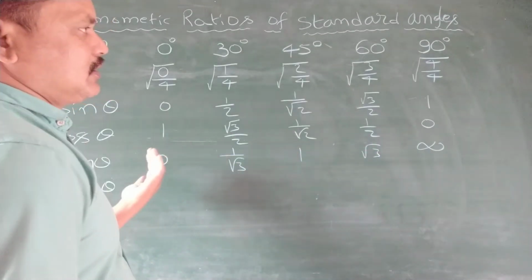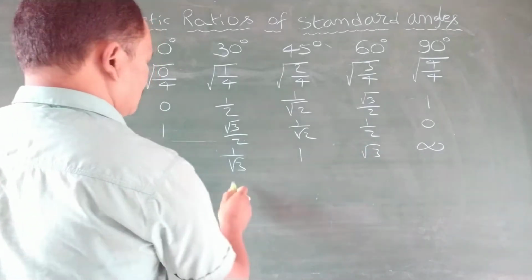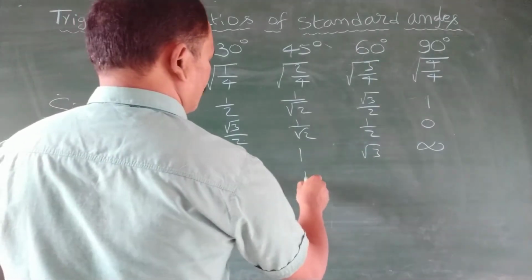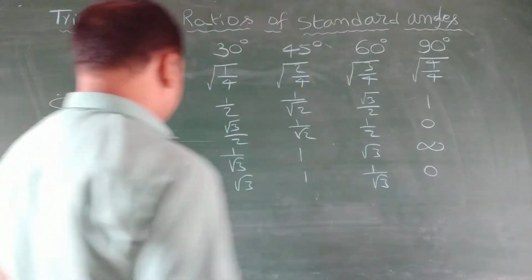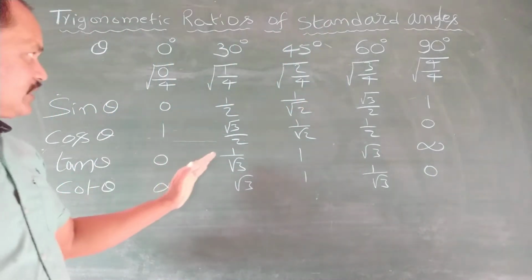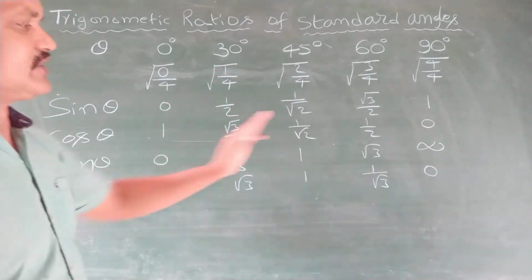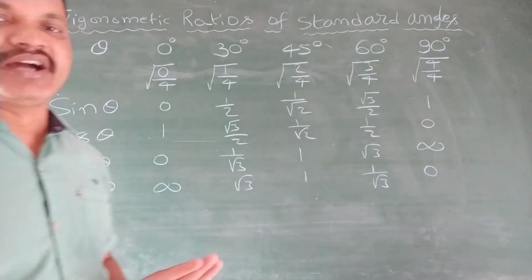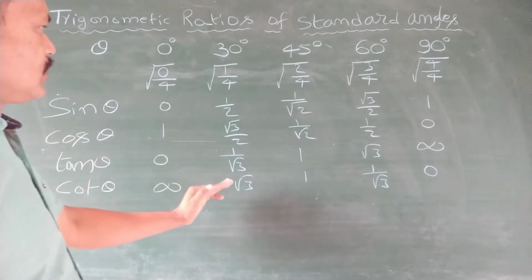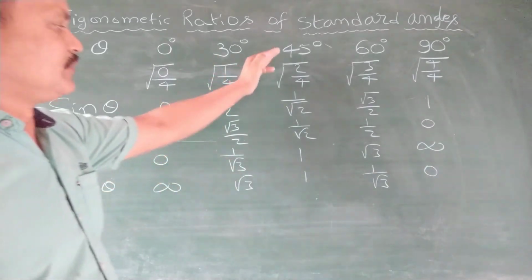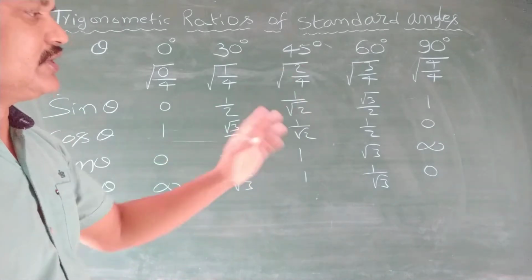You have to write from that order: infinite, root 3, 1, 1 by root 3 and 0. That means tan 0 is 0, tan 30 is 1 by root 3, tan 45 is 1, tan 60 is root 3 and tan 90 is undefined, infinity. So cot 0 is undefined, cot 30 is root 3, cot 45 is 1, cot 60 is 1 by root 3 and cot 90 is 0.